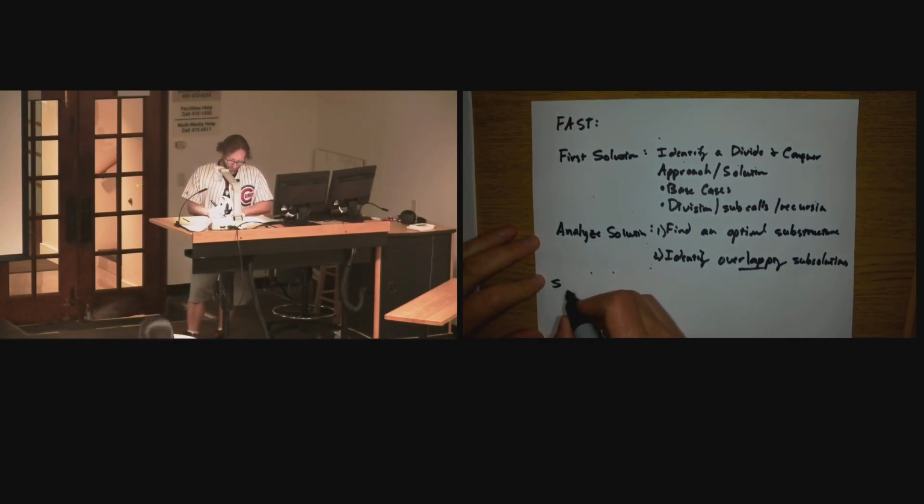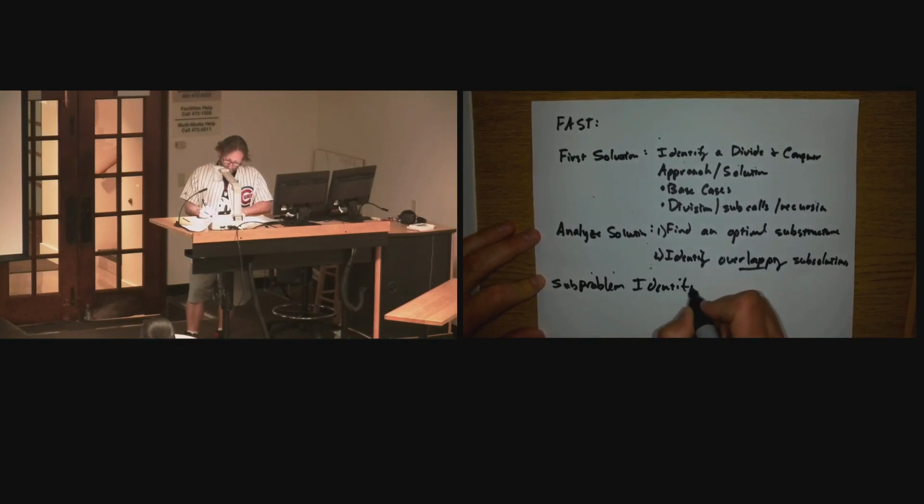S stands for sub-problem identification, where you memoize. I don't know why people call it memoize. There's a better word for it: cache. If you cache things, basically you're saving them off for future reference, right?